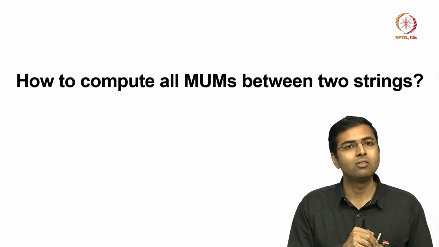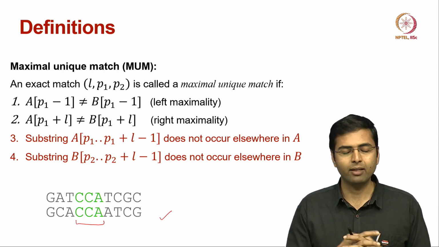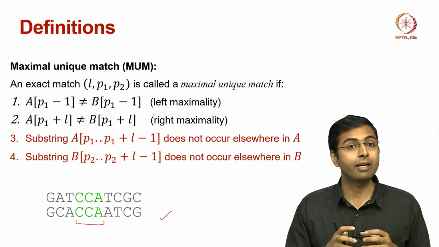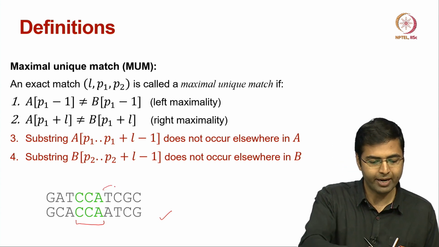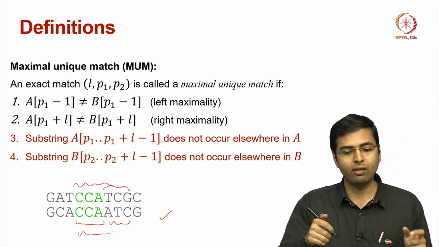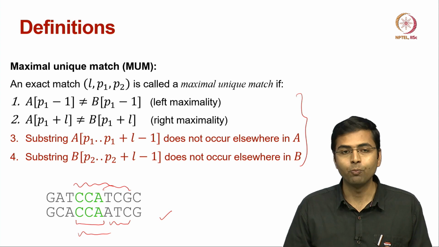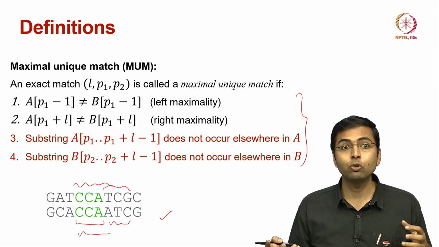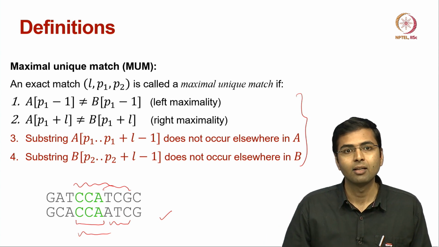It is not a trivial problem because, if we think of a brute force way, suppose I enumerate all possible substring pairs and check one by one whether they satisfy all these properties, it is going to take too much time. There are too many substring pairs to consider, and checking all these conditions will require additional time. So, the brute force method is not going to work.